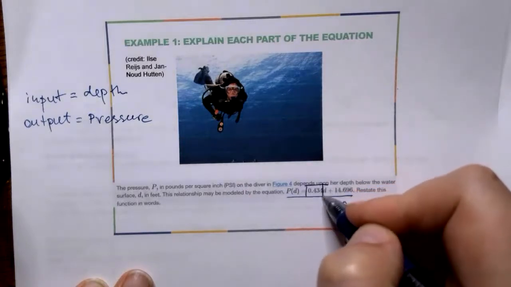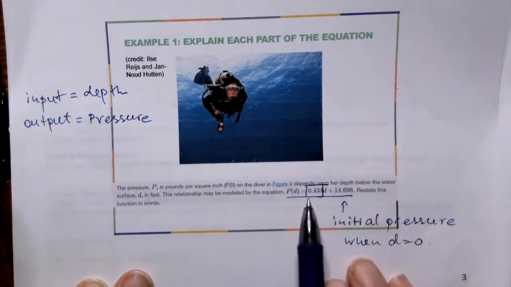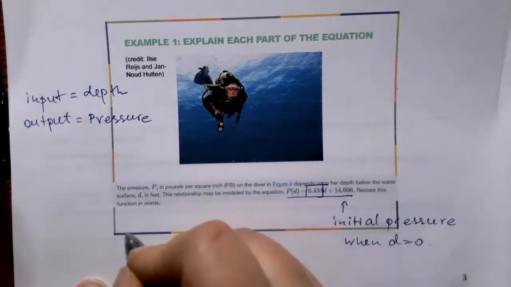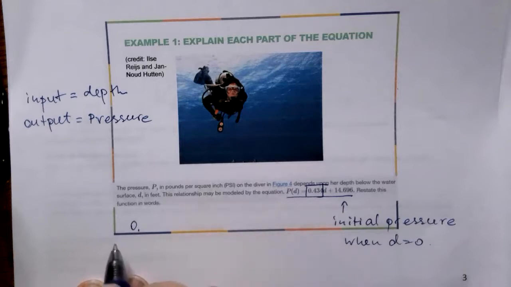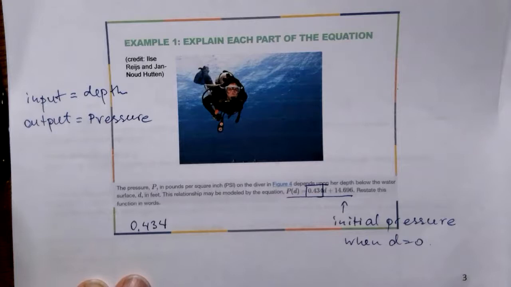Okay, now what is the other constant here that we have? Okay, there it is, and that's our m. This is our rate of change. So the rate of change, m, is 0.434. And what are the units that it's measured in? So this is pressure. This is how pressure is changing, the rate of change of your output pressure.